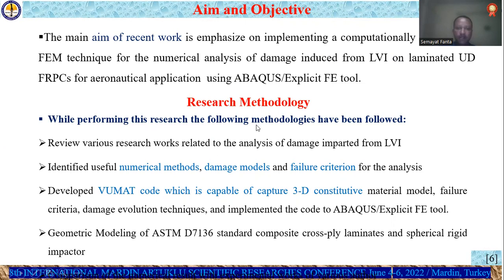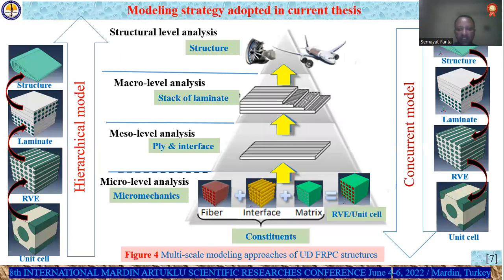So the research methodology followed is reviewing various research works, identifying useful numerical methods, damage models, and failure criteria, developing the UMAT code, which can capture 3D constitutive material model, failure criteria, damage evolution techniques, and implementing the UMAT code to the explicit FEM tool, and creating geometry of ASTM D7136 standard for cross-ply laminate. So these are the methods.